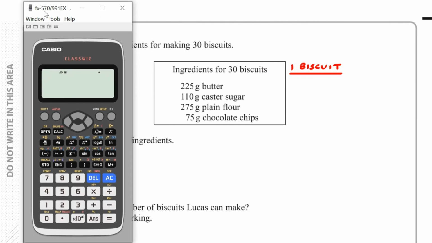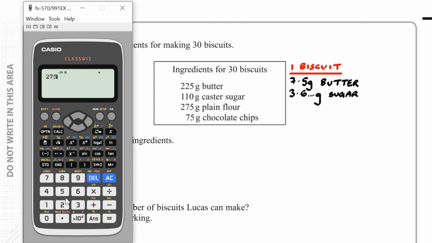So we've got 225 divided by 30, which is 7.5 grams, and this is for butter. Then if I do 110 divided by 30, that will be 3.6 etc. grams, and this is for the caster sugar.